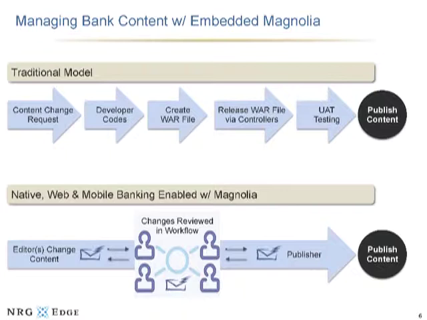You create a WAR file, you deploy it, yada yada. And when you move the content changes to a Magnolia approach, it becomes much more simpler and much more controlled. You have the workflow process, etc. So it's a compelling proposition to banks.